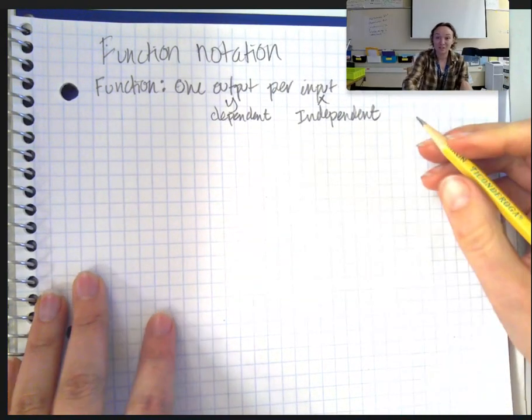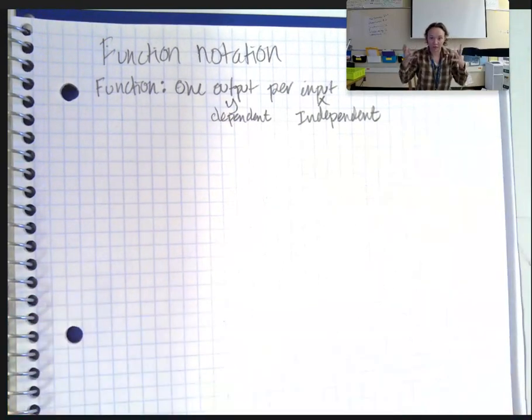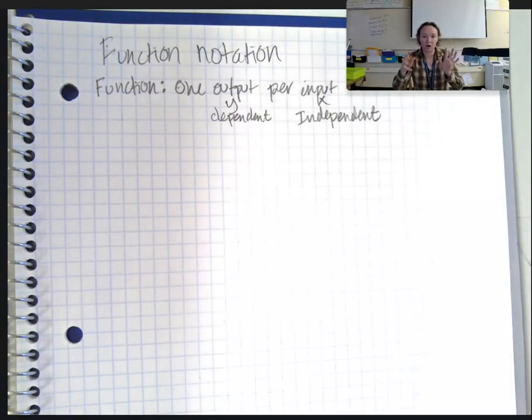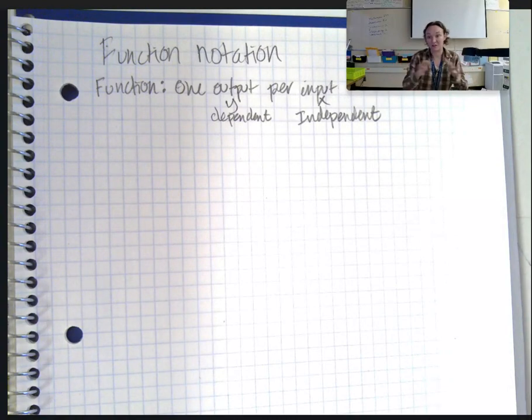And in this unit, we're going to start also talking about this in terms of whether something is a function of something else. So this is just a fancy way of saying that a certain relationship is a function.